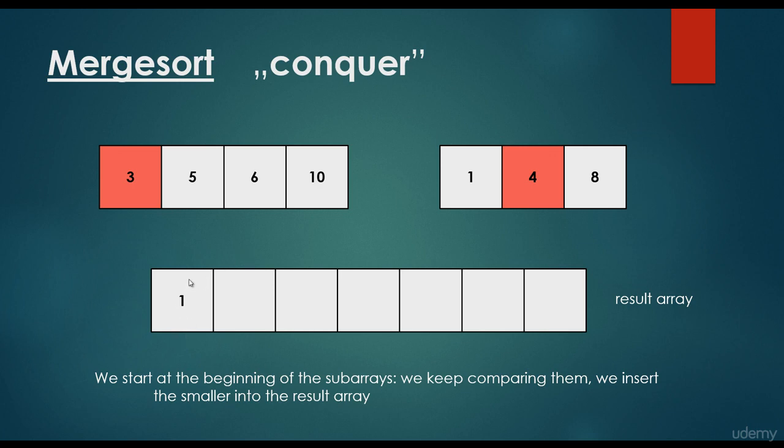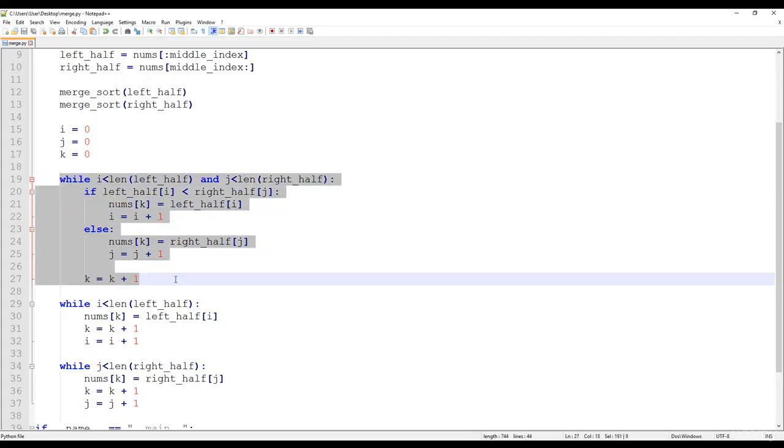And of course, every time we insert an item into the result array, we have to increment the k index, which tracks the result array. In this case, 3 is smaller than 4, we insert it into the result array, and we have to increment the index i, as you can see, and of course index k. So this is what's happening here.